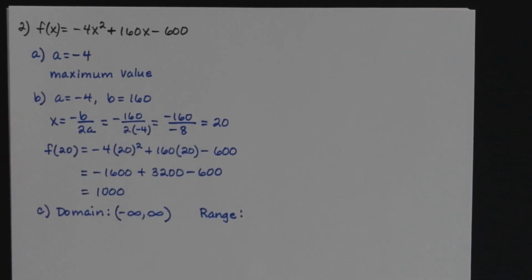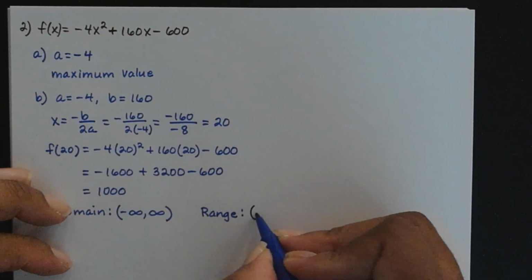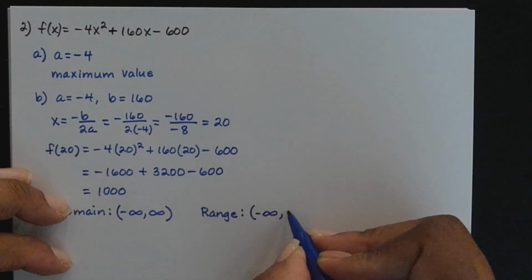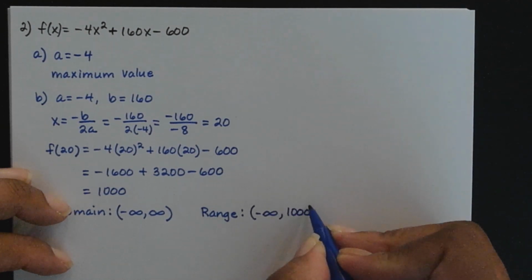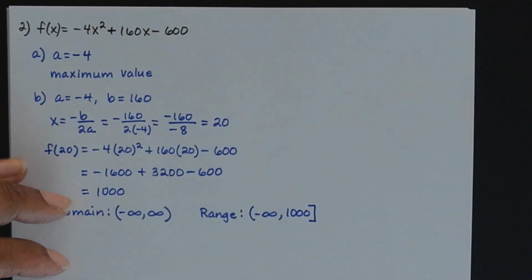Also, the range will be in interval notation as well. So the range is this. Since we have a maximum value, that means that this 1000 right here will be the highest y value that the graph of this function will ever reach. So in interval notation, the range will have to be from negative infinity up to 1000.